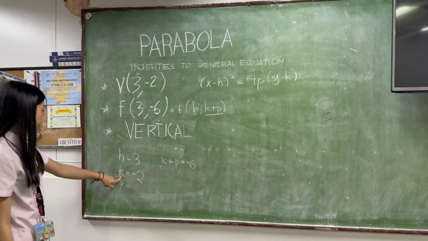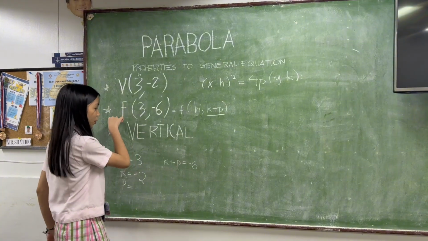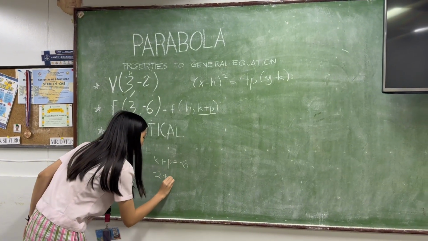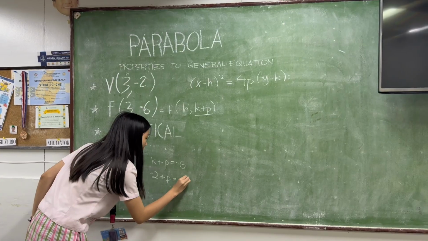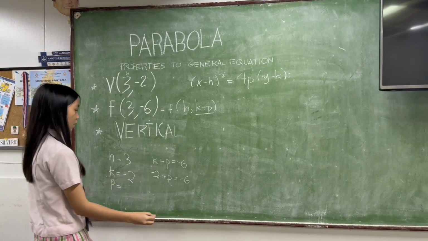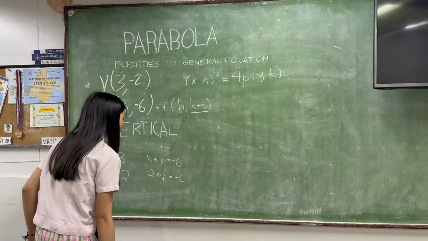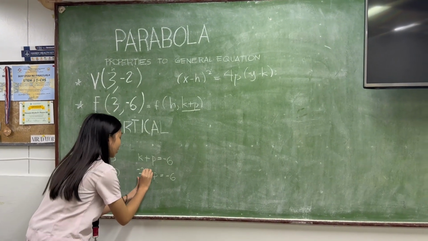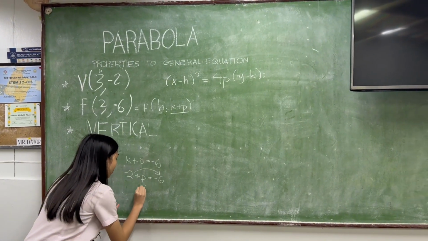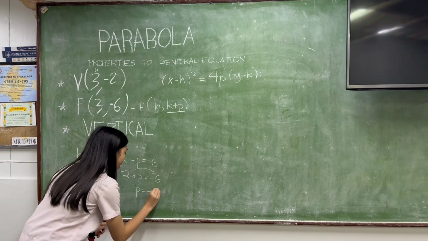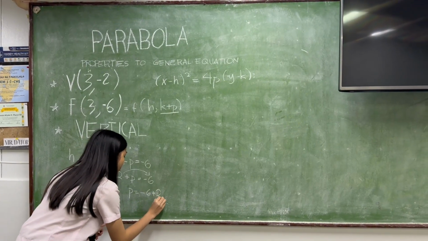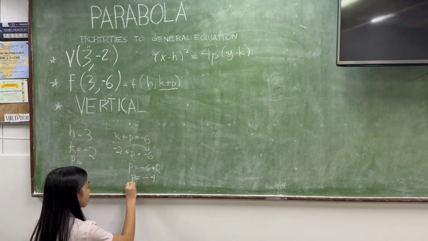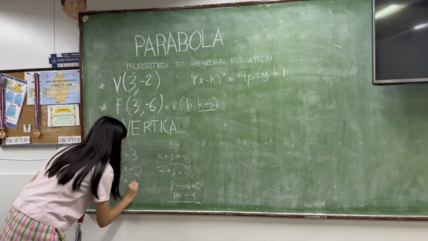So k, which is negative 2, plus p is equal to negative 6. Then, we isolate p, so transfer negative 2 to the other side. So, p is equal to negative 6 plus 2, which is equal to negative 4. So, that is our p.